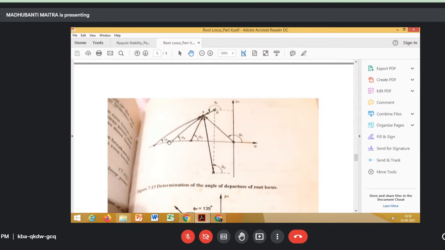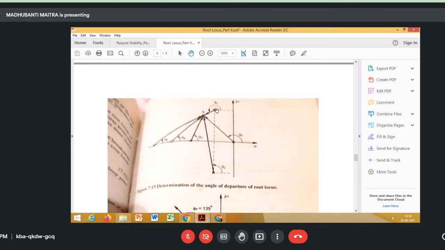That means the angles of departure and arrival at real open loop poles and real open loop zeros will always be either 0 or 180 degree.